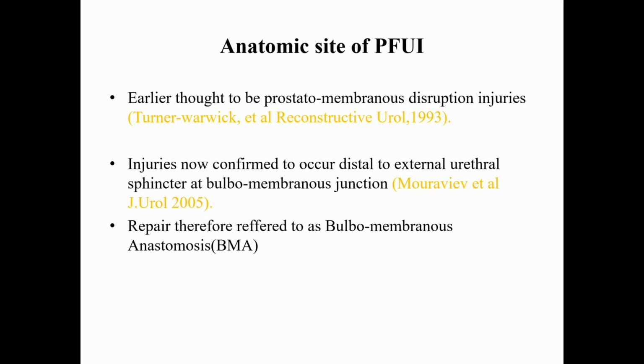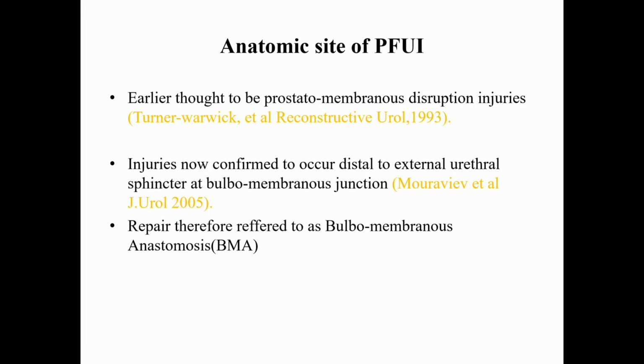But if it's a patient who is stable, then there are 2 ways you can do it. You can do endoscopic realignment, open realignment is contraindicated, or you can do an SPC. SPC or endoscopic catheterization. Then from there, after the catheter has been in situ for about 4 to 6 weeks, you remove it to see if the patient can void.